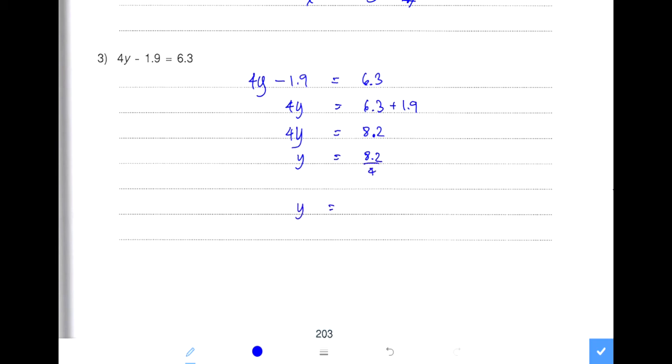That is 2, right? 2.0, and then 0, 4, 5, 20. So 2.05. We get 2.05. Okay. Let me drink some water a little bit, okay?